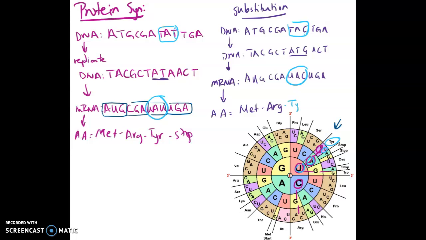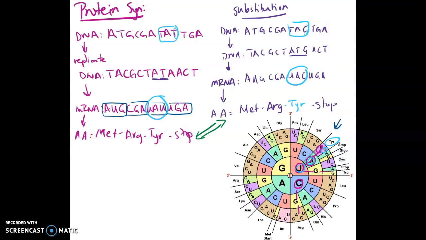So we have tyrosine, and then we have our stop codon. All right, so this particular substitution that occurred, because the amino acid sequences are the same, that means that no change has been made to that protein, which means that the trait's not going to change.